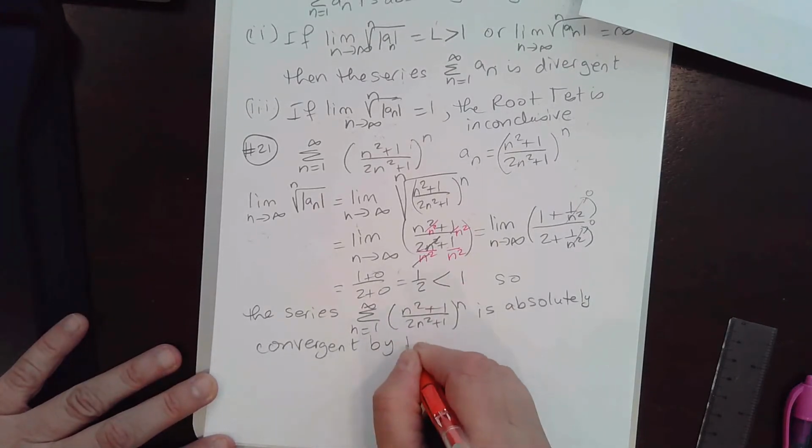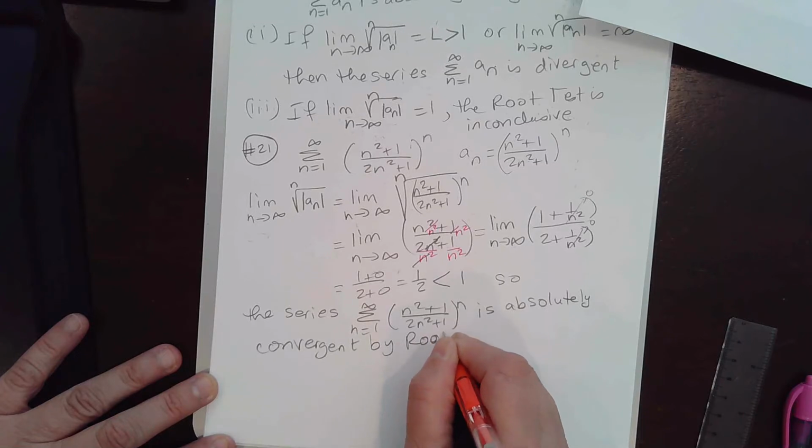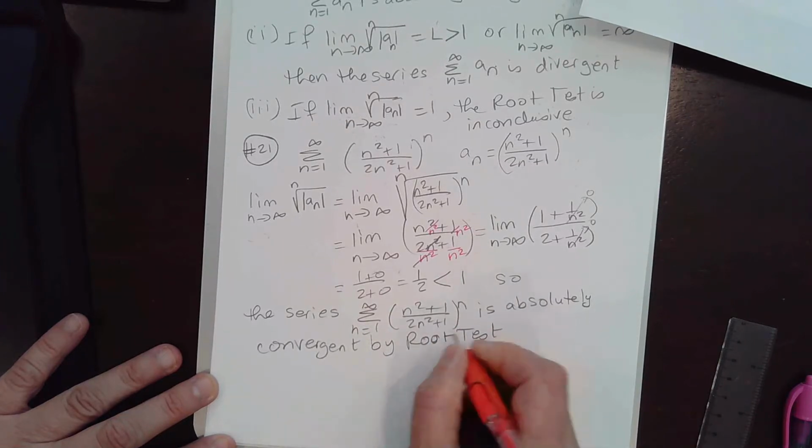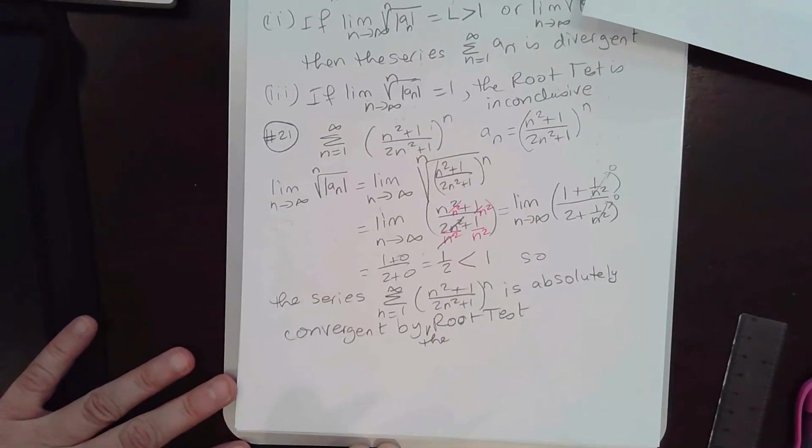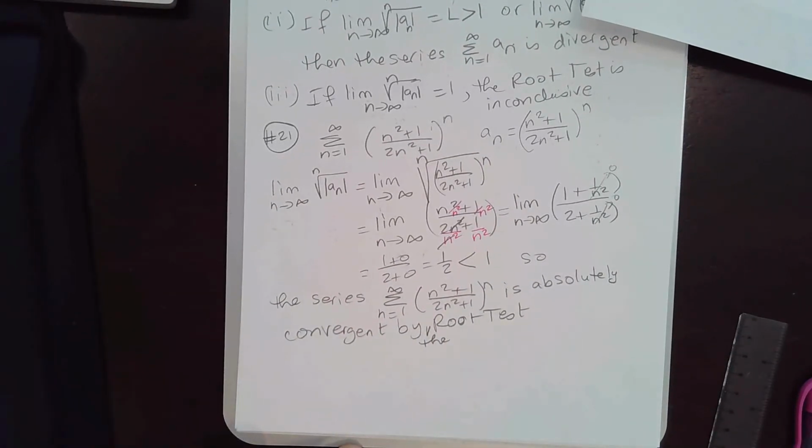You can include that. So this is number 21. We can do more problems.